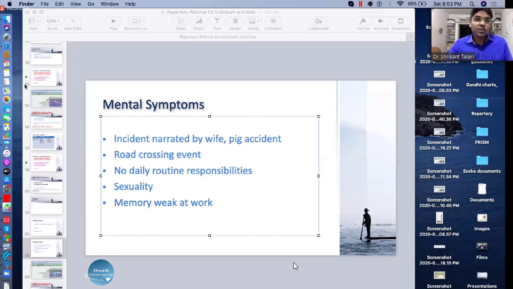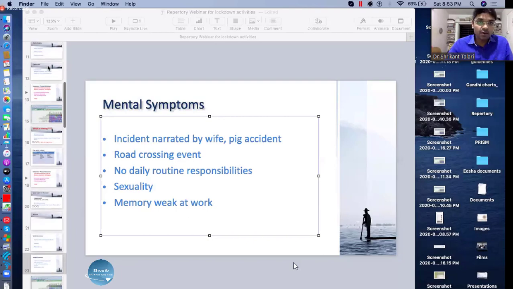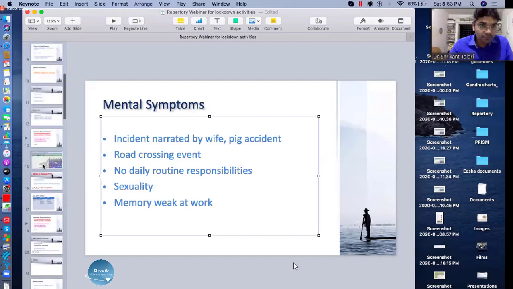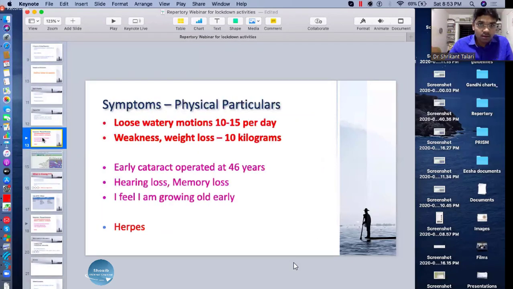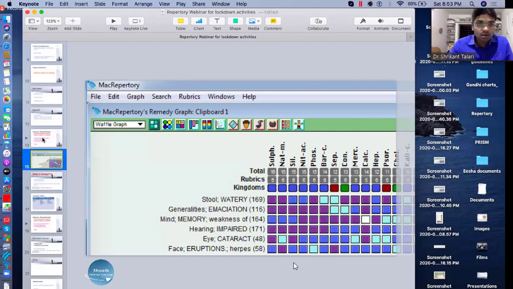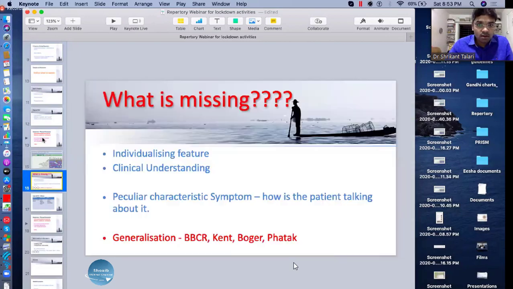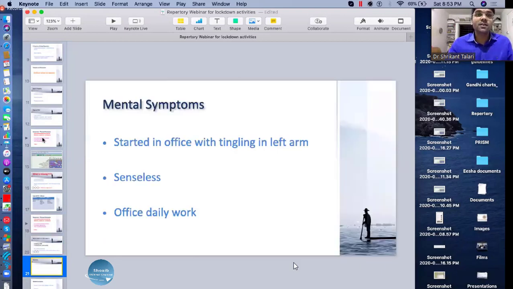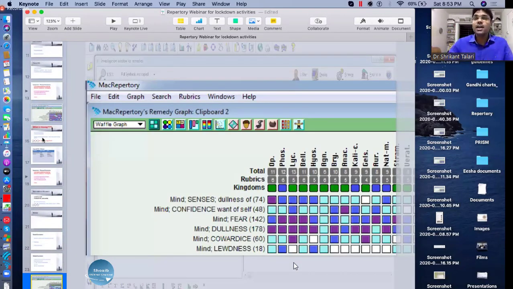Right? So from all this, one thing that we can do is we can take symptoms like this, that the patient becomes senseless, dull, not able to narrate his symptoms.